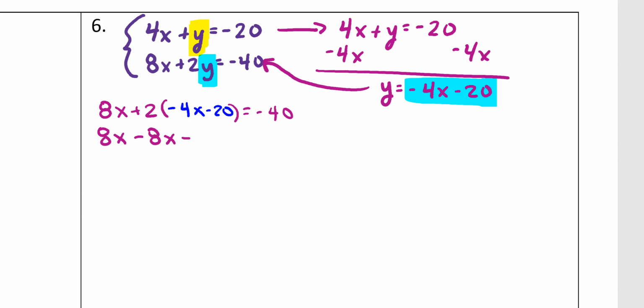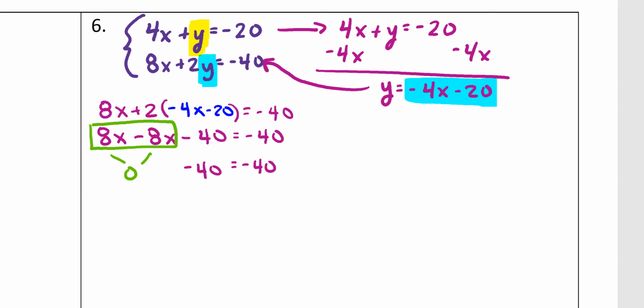So that's negative 8x minus 40 equals negative 40. Again, combine our like terms here. So that again equals 0. We don't write the 0. So that means we end up with negative 40 equals negative 40. And negative 40 always equals negative 40.